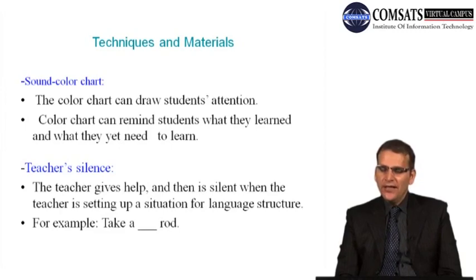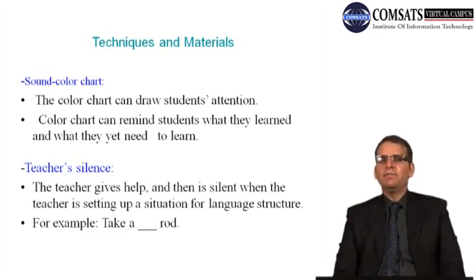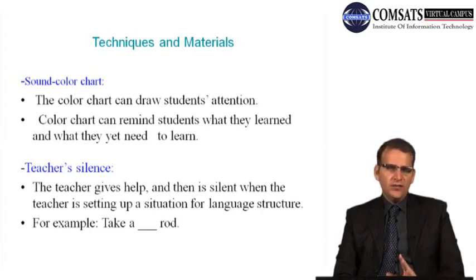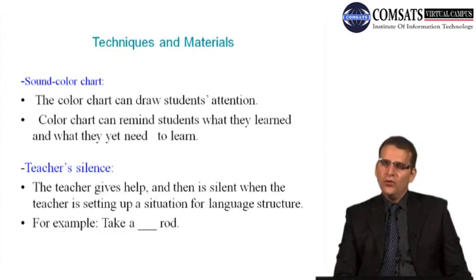The color chart can also remind students what they have learned and what they have yet to learn. On the chart you have seen that there are 3 rows of blocks at the top, and then there is a line. At the bottom we see another 3 rows of rectangular blocks. The blocks at the top have different colors, and they are for vowel sounds.